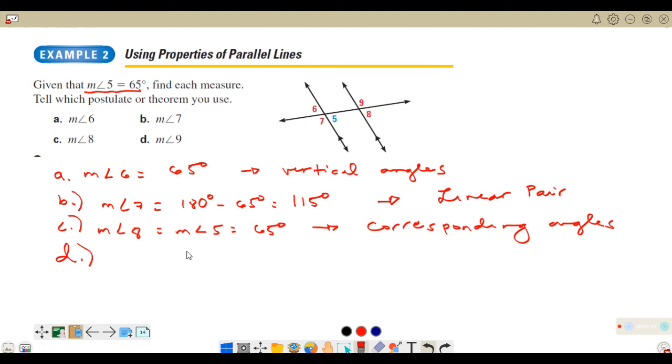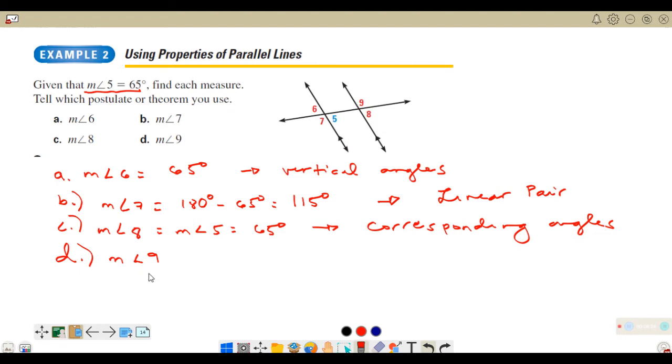Next, 9. So, measurement of angle 9, ano yung relationship niya with 5? Meron ba? Wala directly. Wala siyang relationship directly. But it has a relationship with the measurement of angle 8, right?